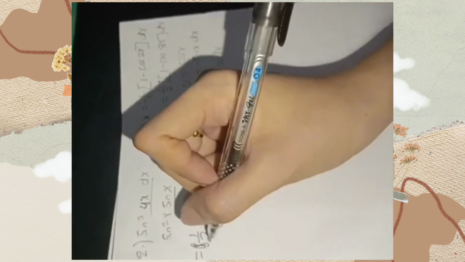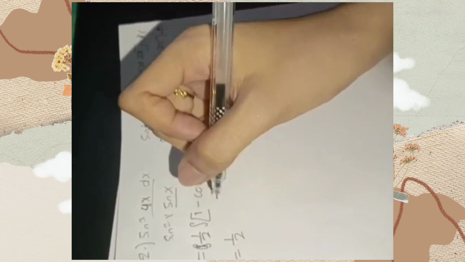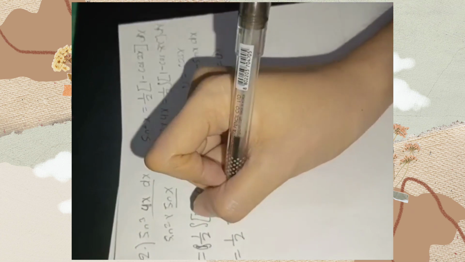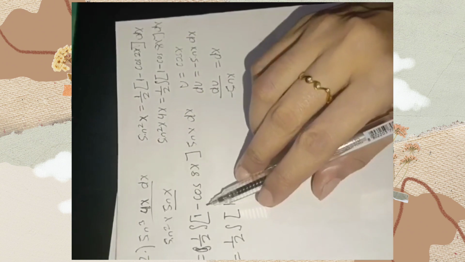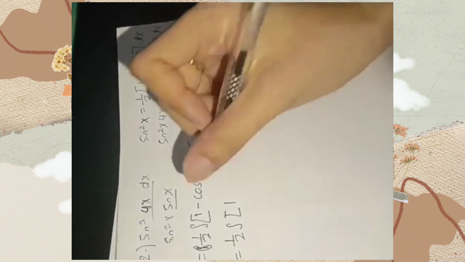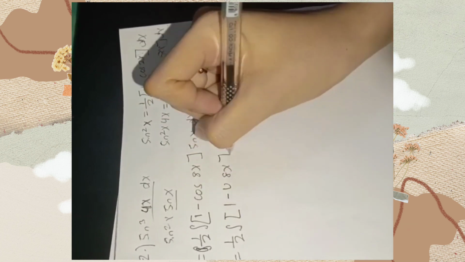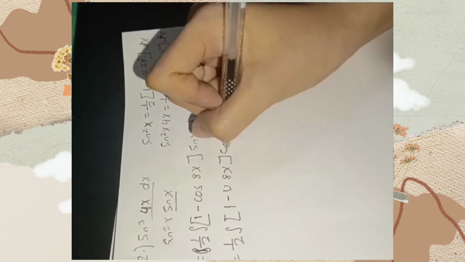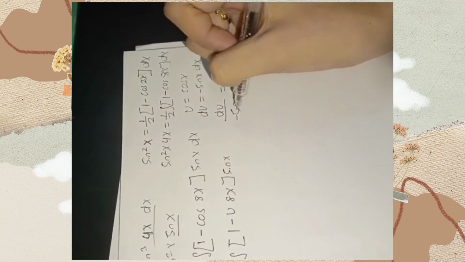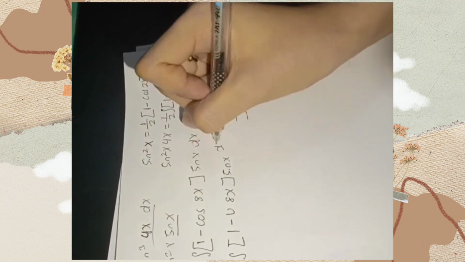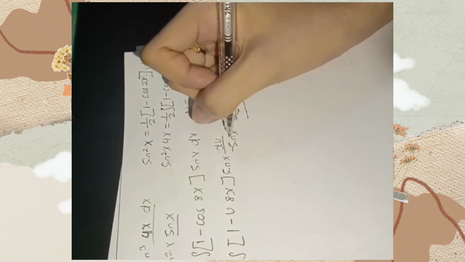So proceeding, it is equal to 1/2 the integral of 1, replacing cosine with u, minus u to the 8x, copy sine x, and the value of dx is du all over negative sine x.